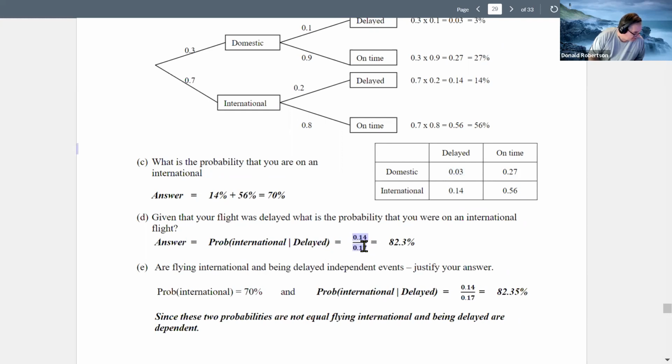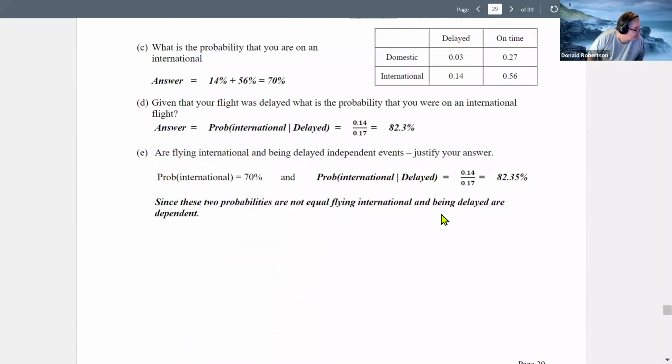So that number over that number, that's where that 83 came from. As a decimal, 0.823. Whatever is second goes on the bottom, so delayed goes here.